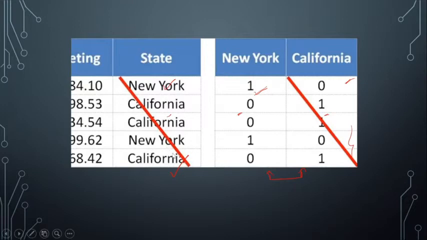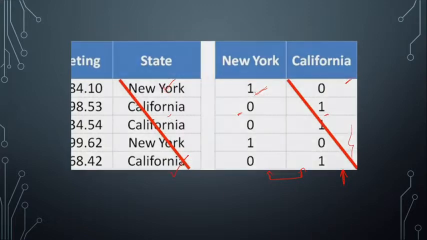But there is also this concept of the dummy variable trap. Underneath this, you have to ignore one column of your dummy variable, all right? You have to ignore this, and let's see why.